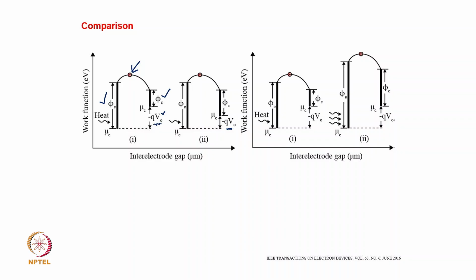Okay. Now, this voltage generation can be controlled, as I mentioned, by changing phi E and phi C, and you also have this extra potential due to space charge which I just discussed.